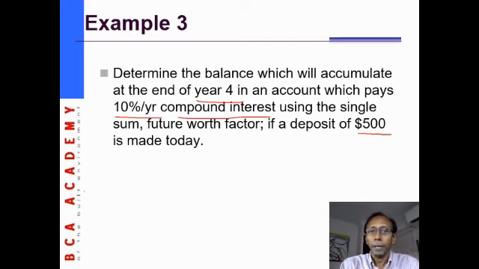Now I know the present value P, I know the interest rate I, and I know the number of years N is equal to 4.